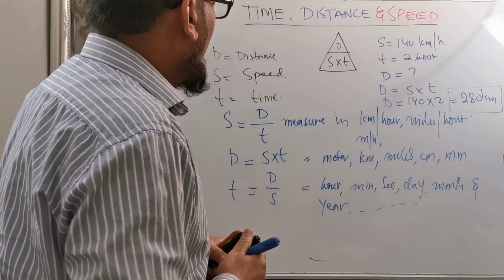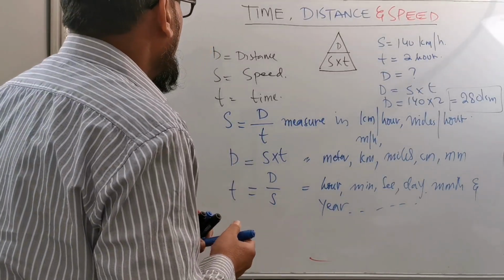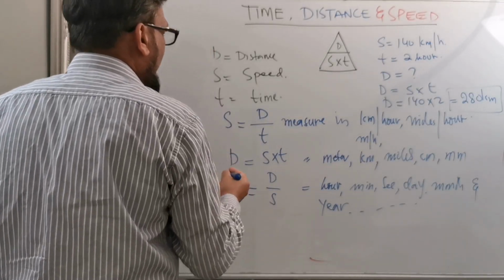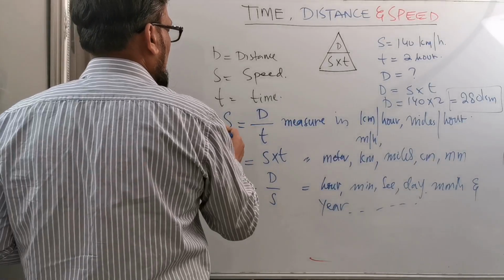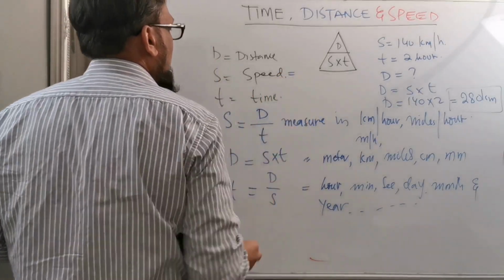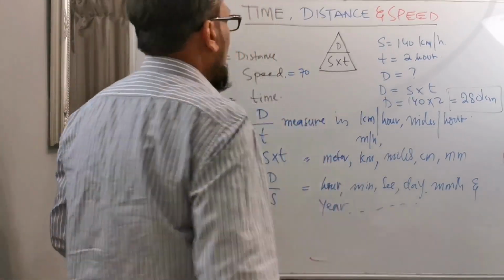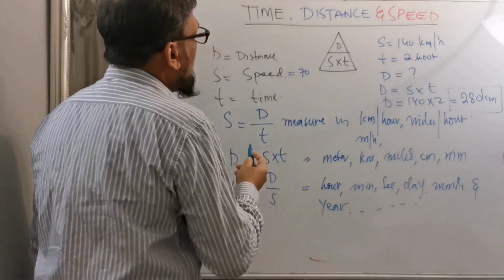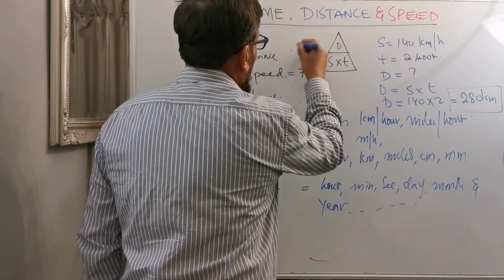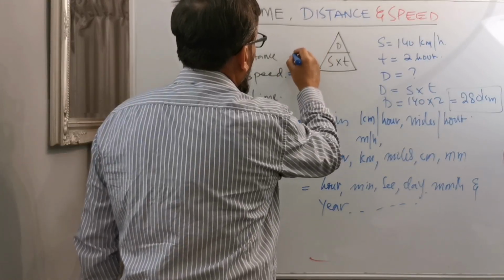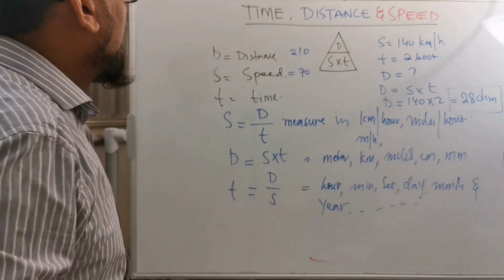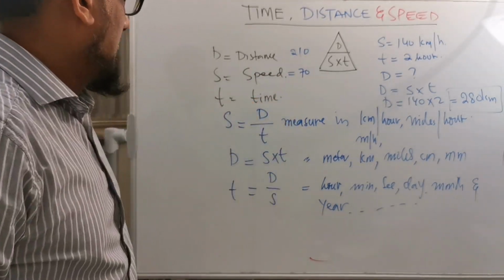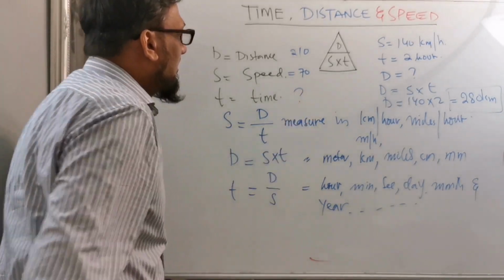In the same way, if the speed is 70 and the distance covered is 210, and I need to know how long it takes, so we need to find the time.